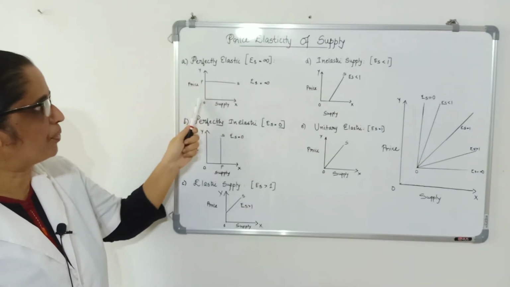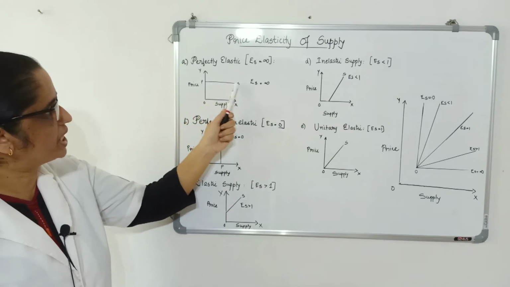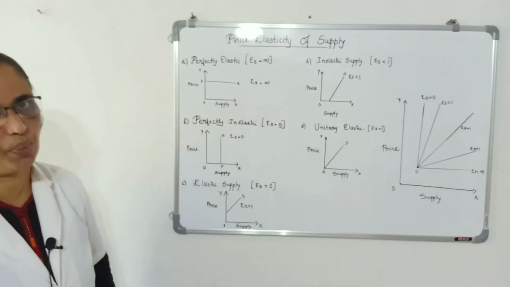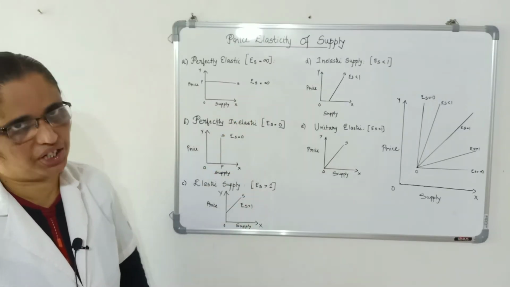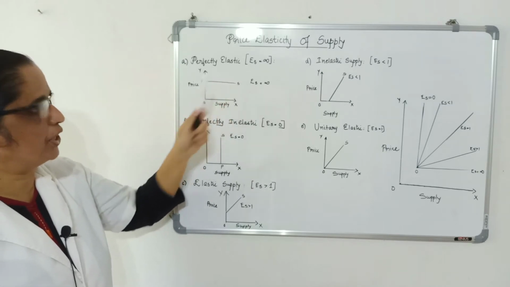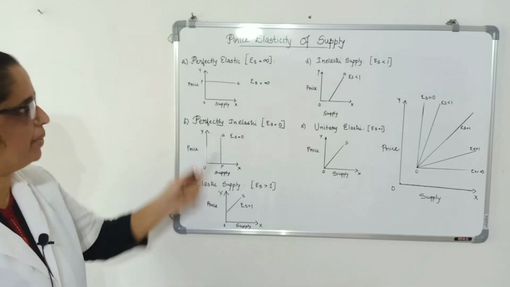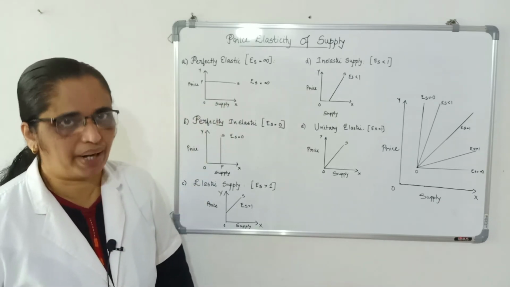In the case of perfectly elastic supply, the supply curve is a horizontal line parallel to the OX axis. Here, elasticity of supply is equal to infinity. That is, supply is infinite at the prevailing price, or you can say, supply changes without change in price.